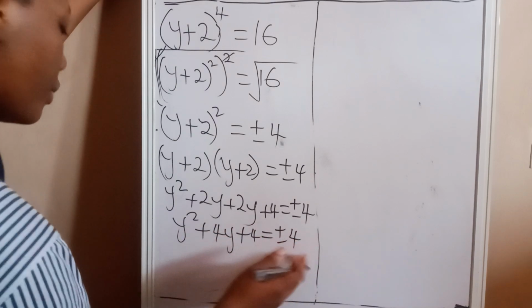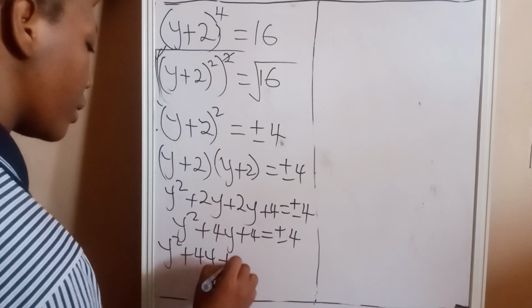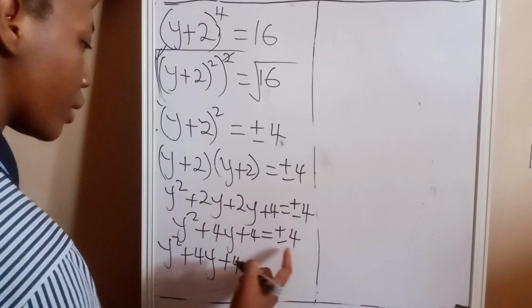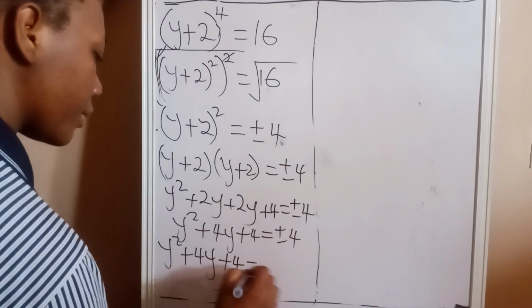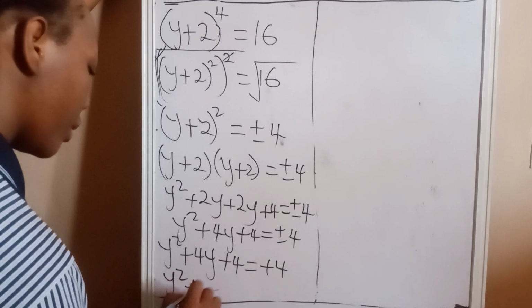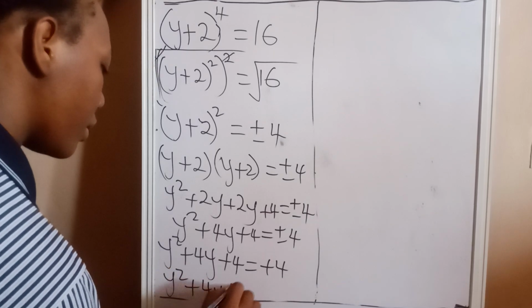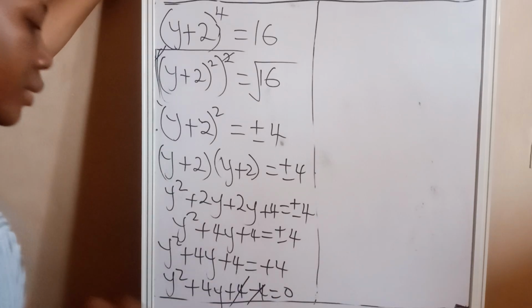Now we're going to use each of these. Y squared plus 4y plus 4, let's start with a plus. So equals plus 4. So when this comes here, we have y squared plus 4y plus 4 minus 4 equals 0. This goes, okay?